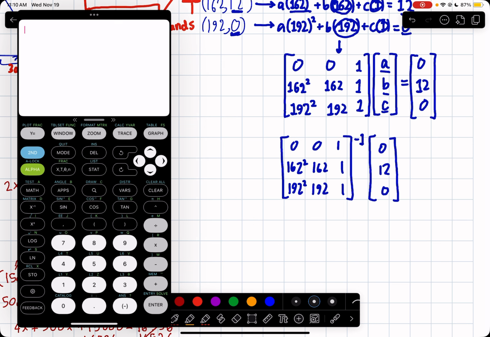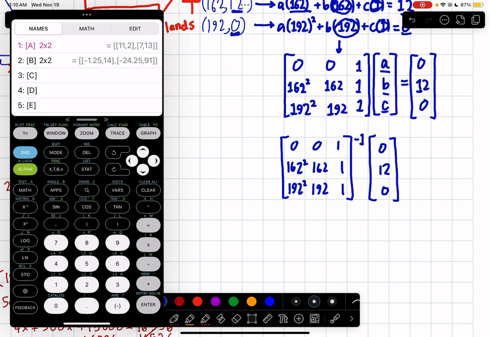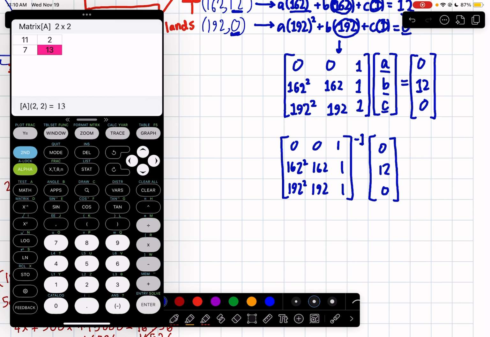Okay, so bear with me while I do that in my TI-84. I'm going to go second matrix, and I'll make this a 3 by 3. Okay, 0, 0, 1, 162 squared, 162, 1, 192 squared, 192, 1.